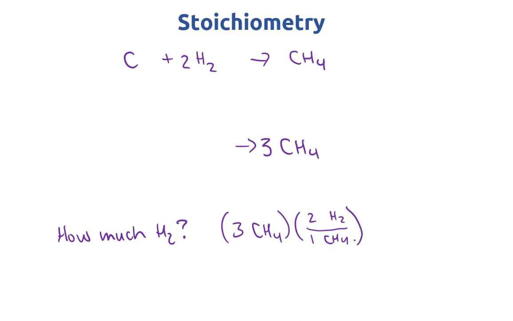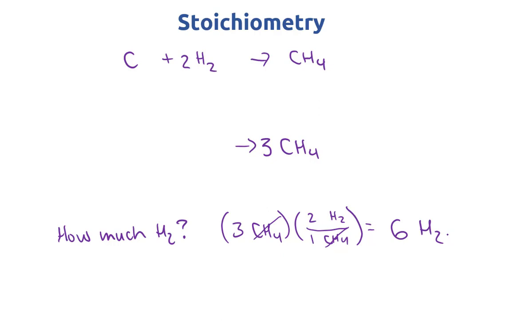The way that I set this up was so that the CH4s would cancel out with each other. In this equation, it leaves us with H2 as the only thing left over, which is what we're trying to solve for. So this would be 3 times 2. We would need 6 H2 particles to make that happen.